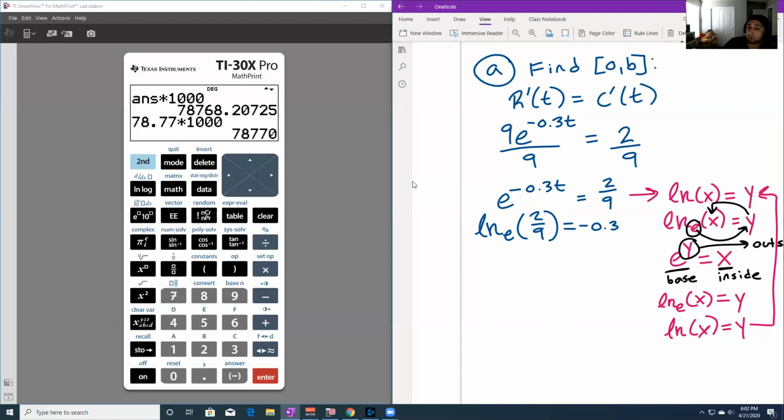Look at that. Now again, I'm going to rewrite it because we don't need that base of e there. Natural log 2/9 equals negative 0.3t. And now to solve for t, just divide by negative 0.3.